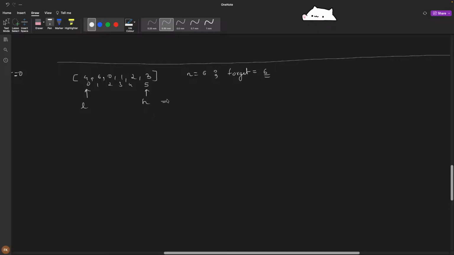Low and high here. Low is 4 and high is 3.